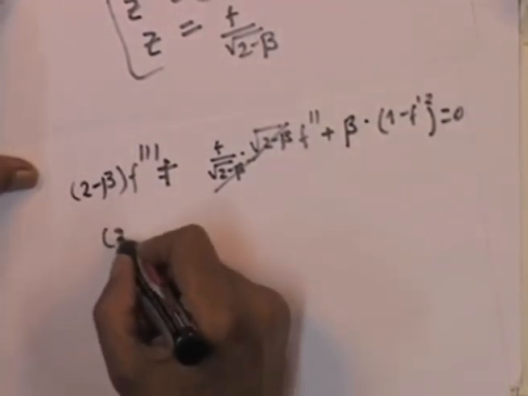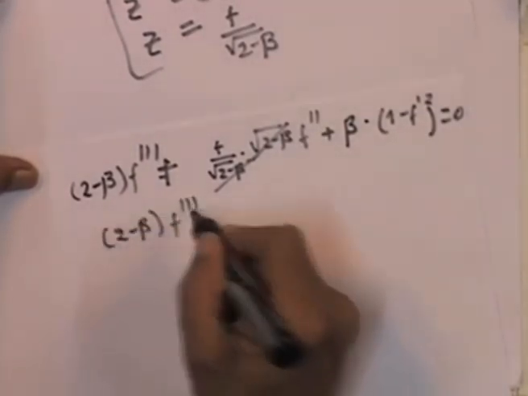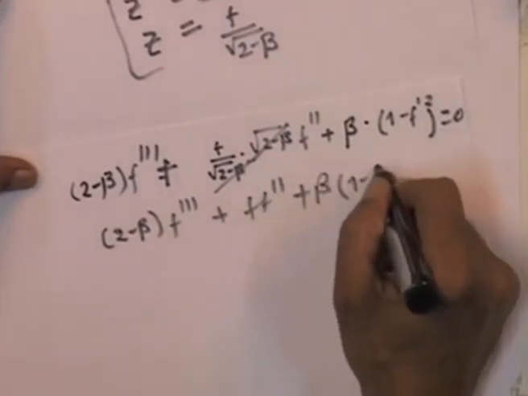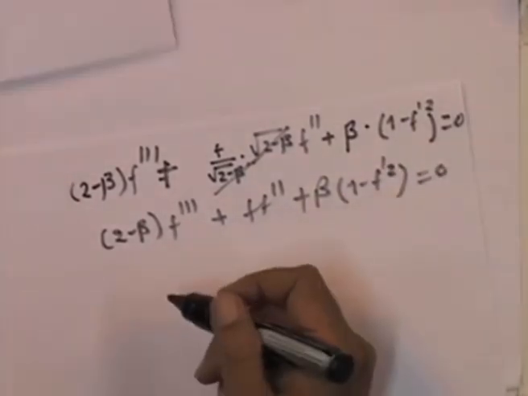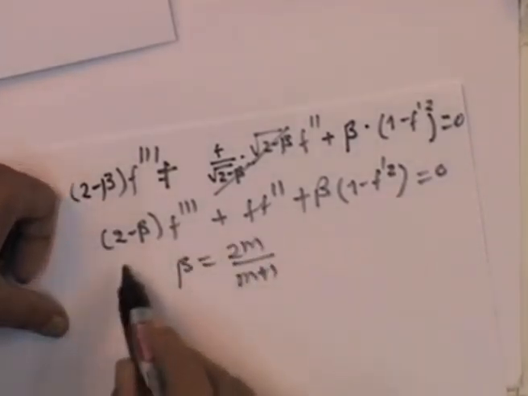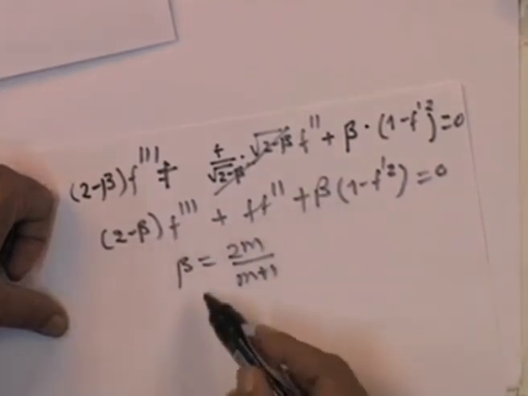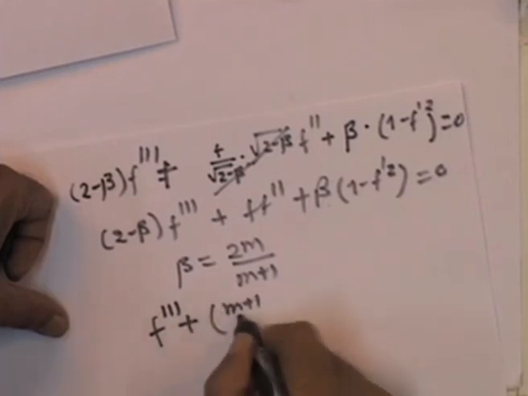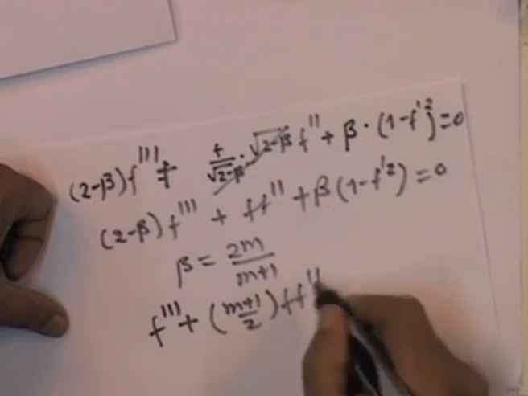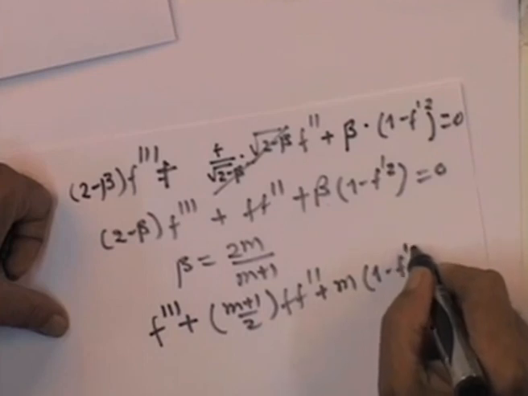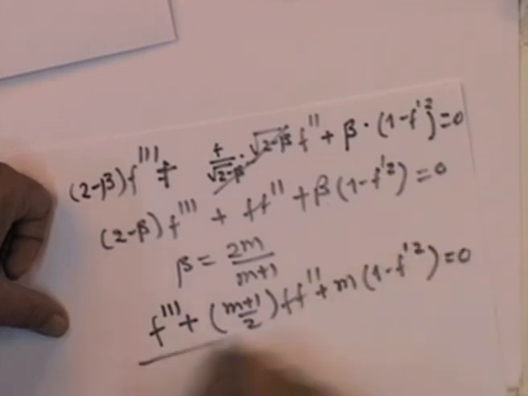So, you get essentially 2 minus beta f triple prime plus f f double prime plus beta into 1 minus f prime square equal to 0. Now, as you know, we have already defined beta equal to 2 m over m plus 1. If you substitute for 2 minus beta and beta, you will see this equation reduces to f triple prime plus m plus 1 by 2 f f double prime plus m times 1 minus f prime squared equal to 0.